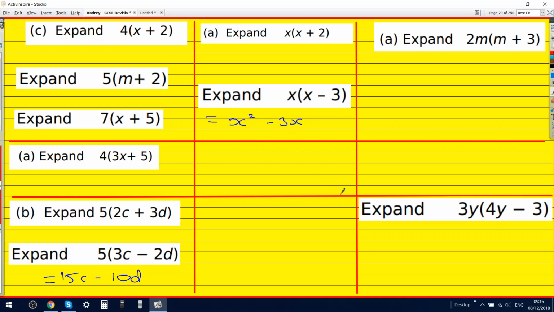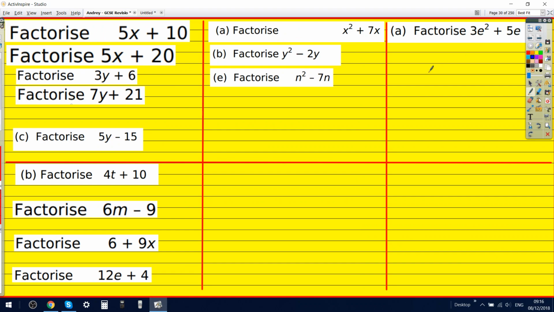Let's say this one on the right, bottom right. Say 12y squared minus 9y. Yeah. Okay. Let's say this one. No, sorry. This one, the 5y minus 15. Top left.